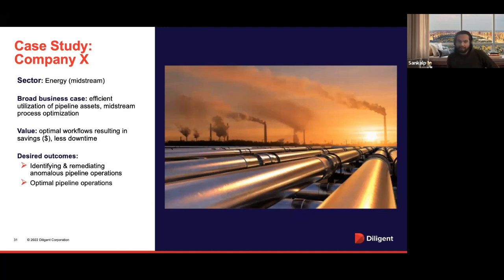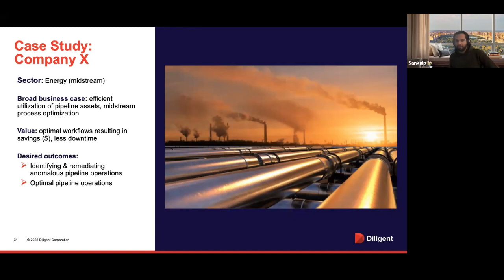And the value add that they are looking at is, as a result of addressing this broad business problem, they will have optimal transportation workflows. They will have less downtimes. Their pipelines won't malfunction. And this is a lot of savings in dollars to the company.